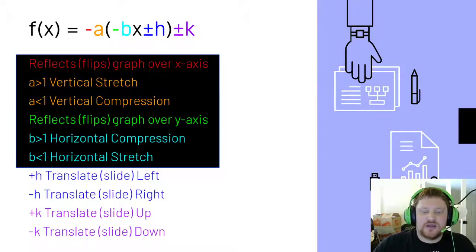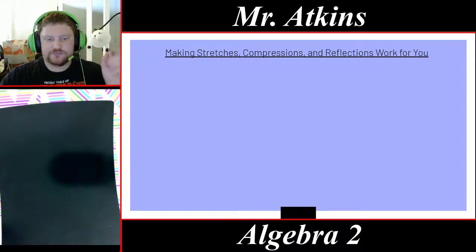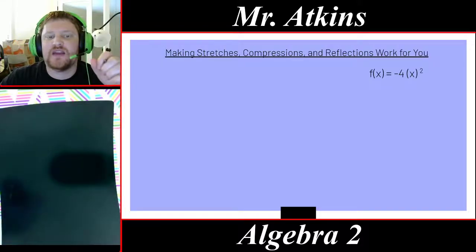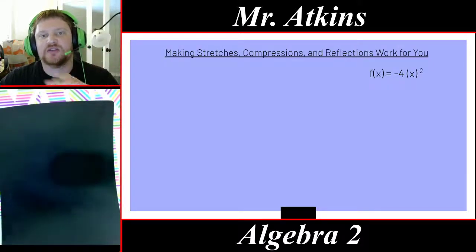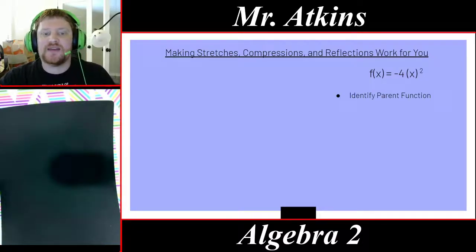So let's go ahead and get straight into it by looking at how we can make these stretches and compressions work for you specifically. So we have, as an example, f of x equals negative 4 times x squared. So just like yesterday, we're going to identify the parent function.